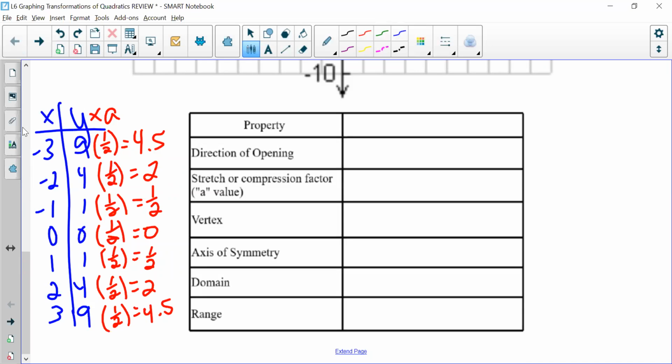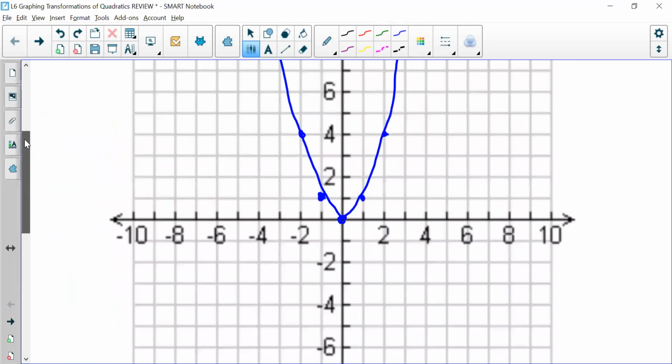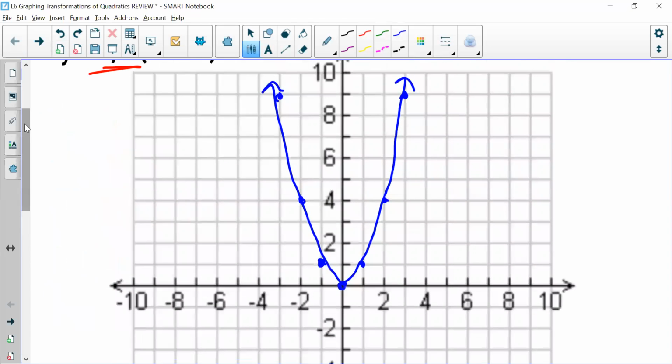So at -3 on my x value, I'm going to have the point at 4.5. At -2 x value, my point's going to be at +2, so on and so forth. So -3 is now at 4.5. -2 is at 2. -1 is at 1/2. 0 is still at 0. 1 is at 1/2. 2 is at 2. 3 is at 4.5.